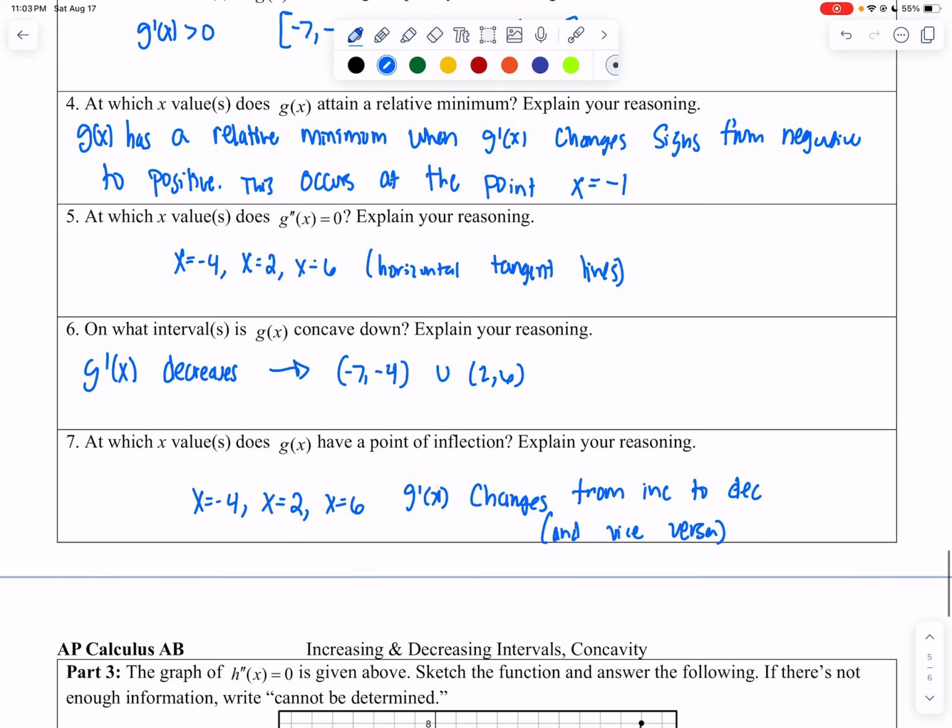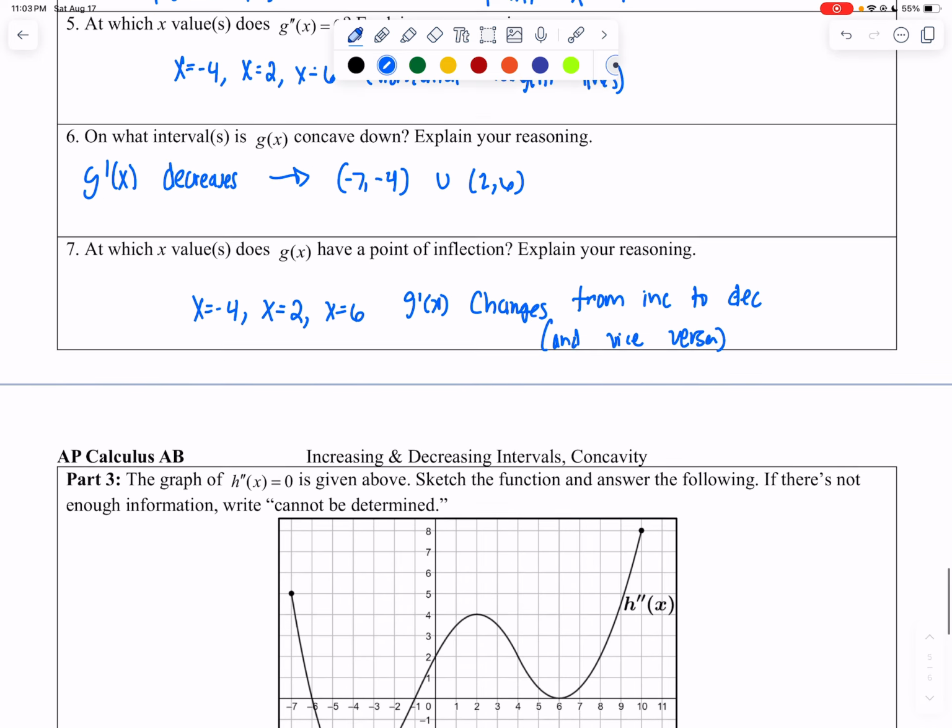All right, and that was based off of g prime of x.